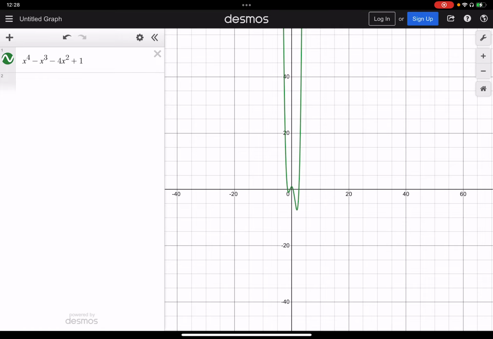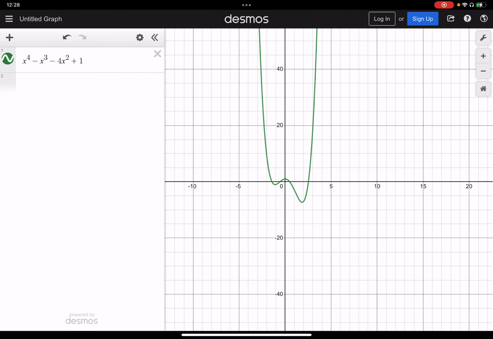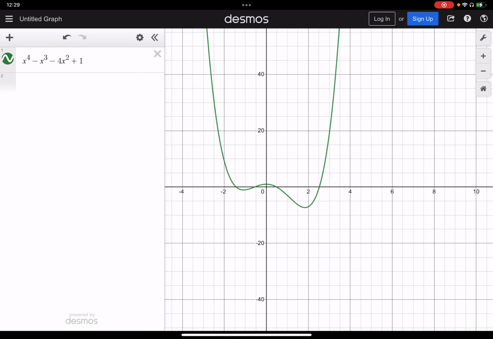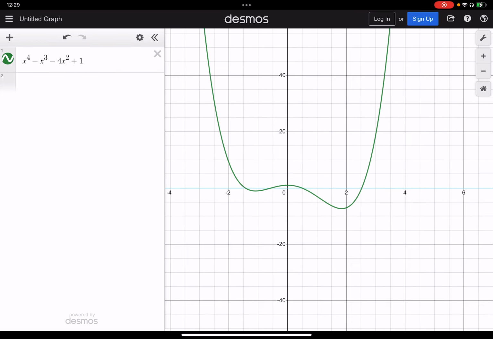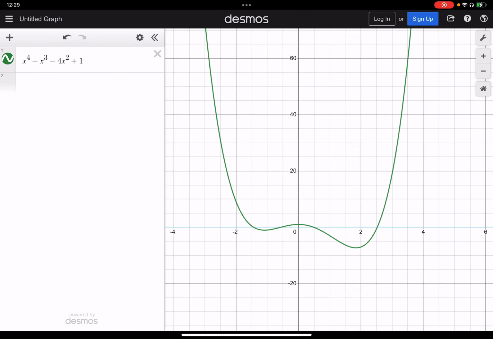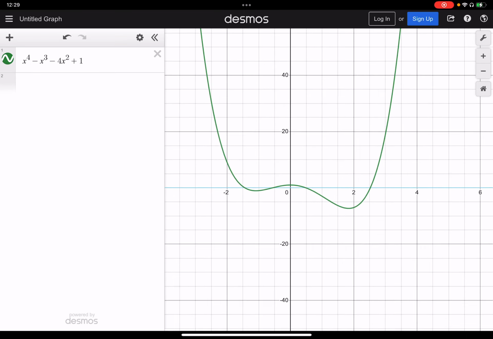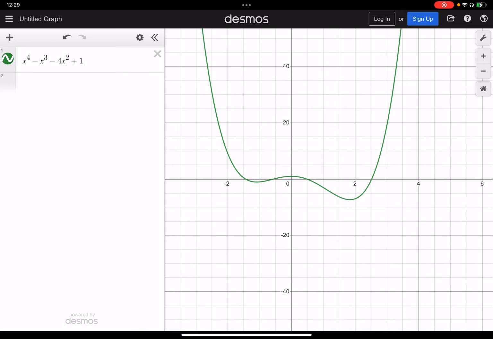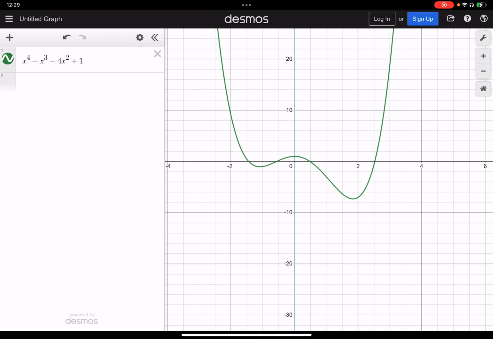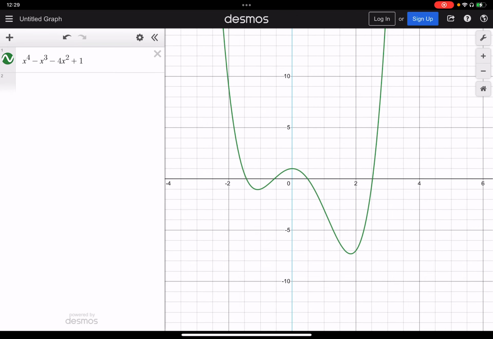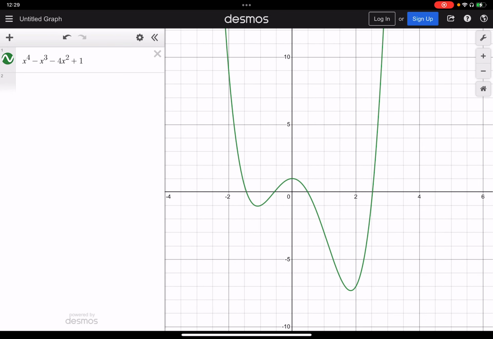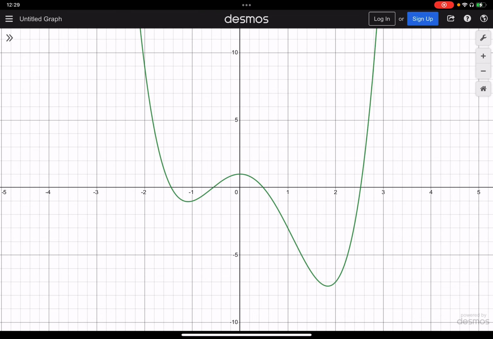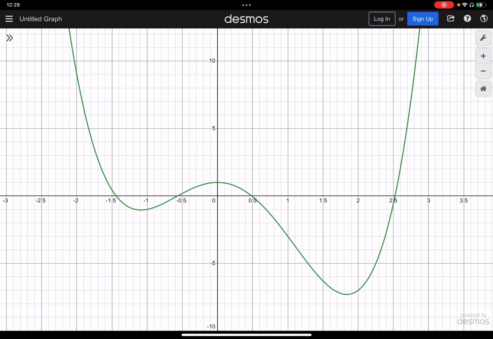So I want to find first where the relative max and mins are located. Let me just mess around with this. Okay, and here is a minimum value.